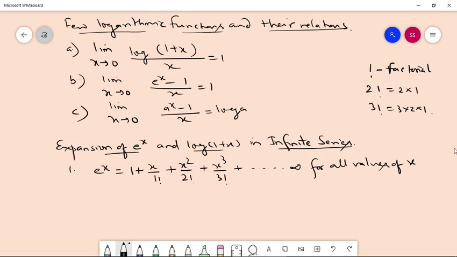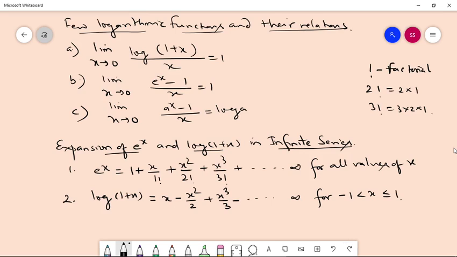Similarly go on. Number 2, log(1 plus x) in expanded form we can write x minus x square by 2 plus x cube by 3 minus ... up to infinity for -1 less than x less than or equal to 1.